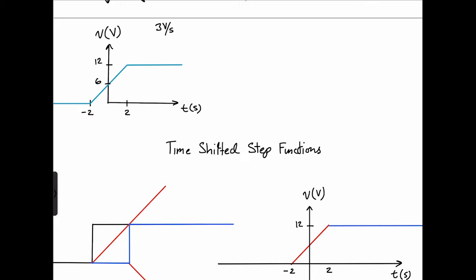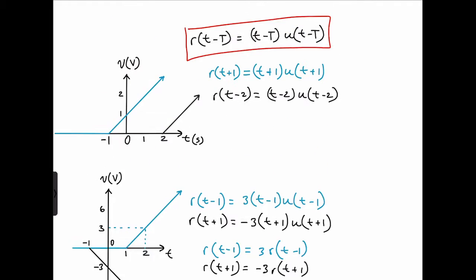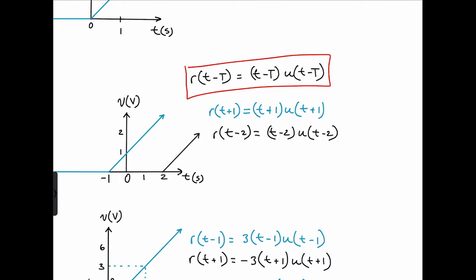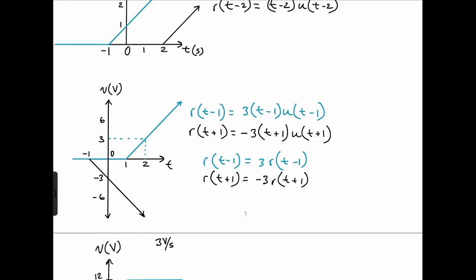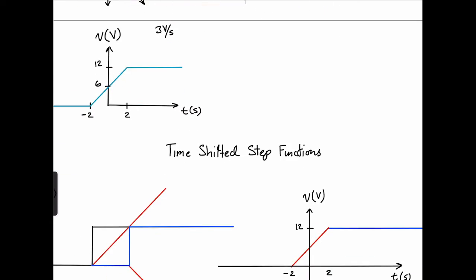We can describe that using our ramping, not our time-shifted unit step function. So if we describe that, we'll get V of t is equal to 3 times r of t plus 2.